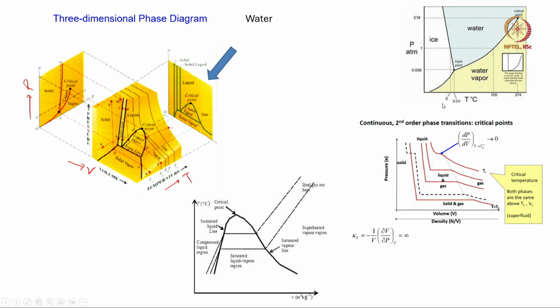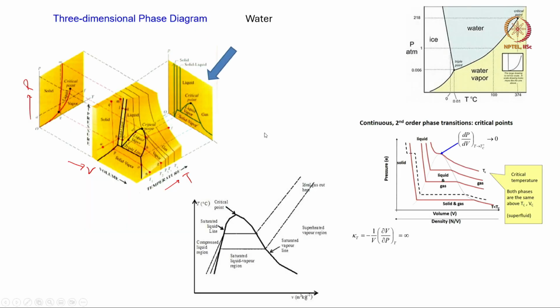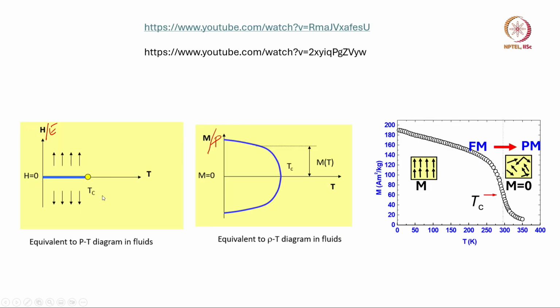But if we slice it into PT, which is equivalent to our H versus T, where H is the magnetic field, E is the electric field, M is magnetization, P is polarization, right.